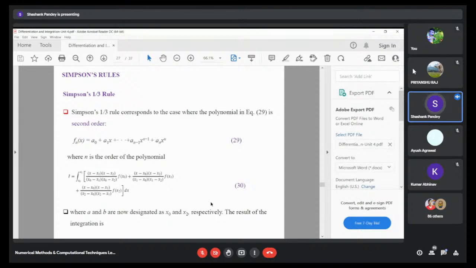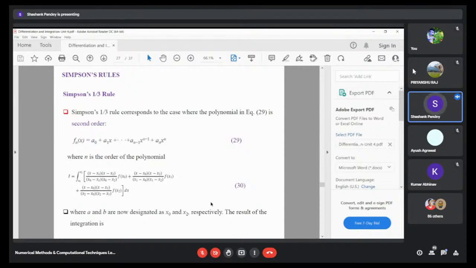Based on this assumption, we will expand equation number 22 only up to x2, this f of x2, and get the value of integral as denoted by equation number 13.